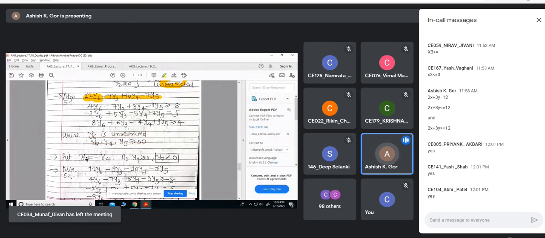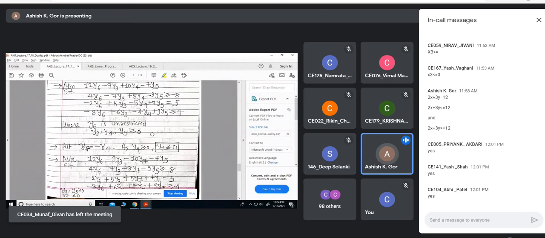Now let me do one more thing. You see everywhere there is a y4, I take negative y4 equal to y7. So in place of y4 I will put minus y7, wherever it is y4. So it will be minus 8y, minus plus over here, and plus 4 here.